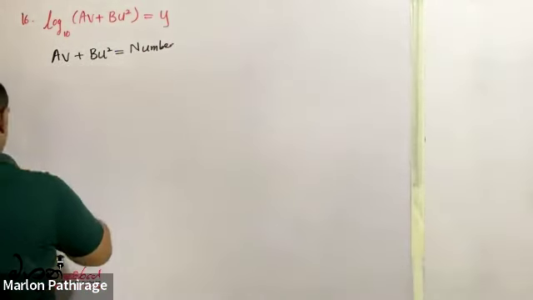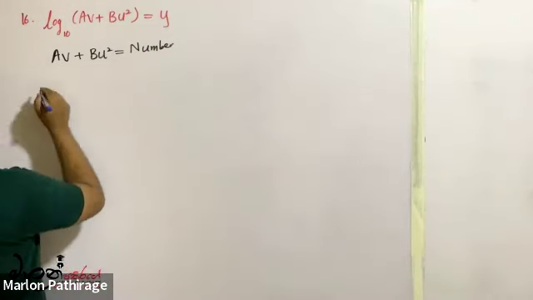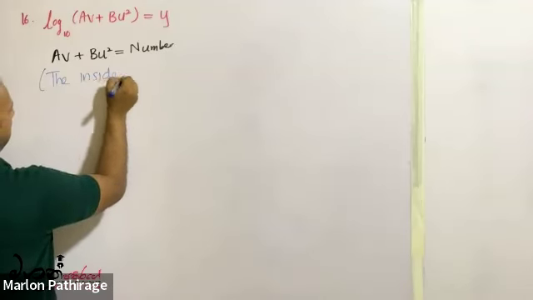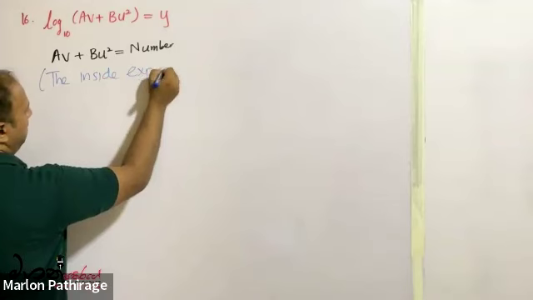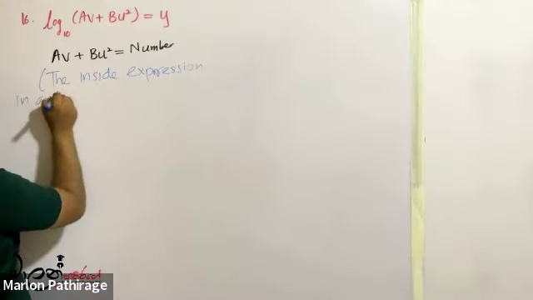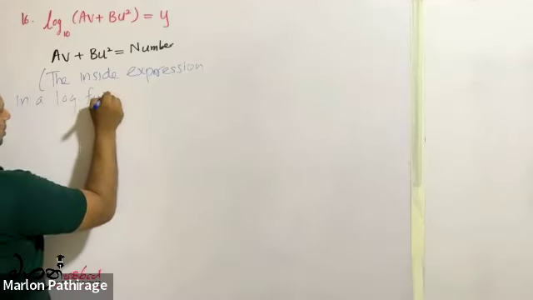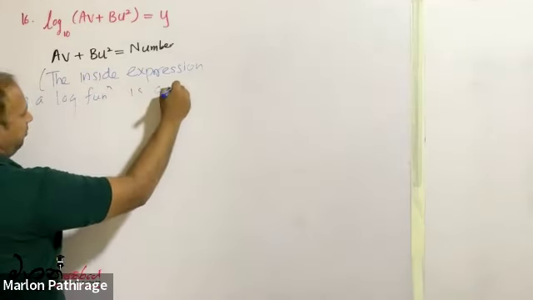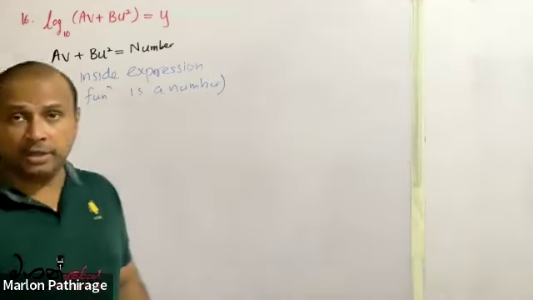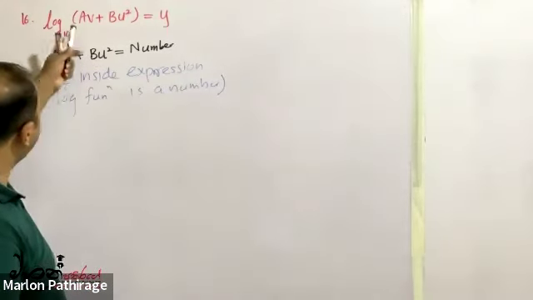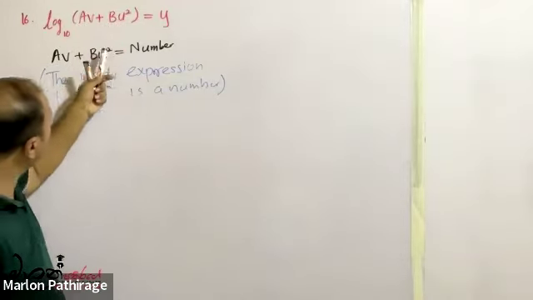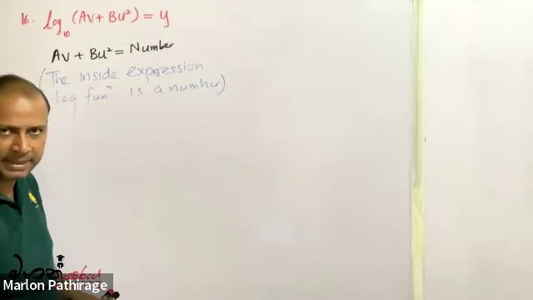The argument is that the inside expression in a log function is a number. So based on this argument, the inside expression AV plus BU squared is a number.